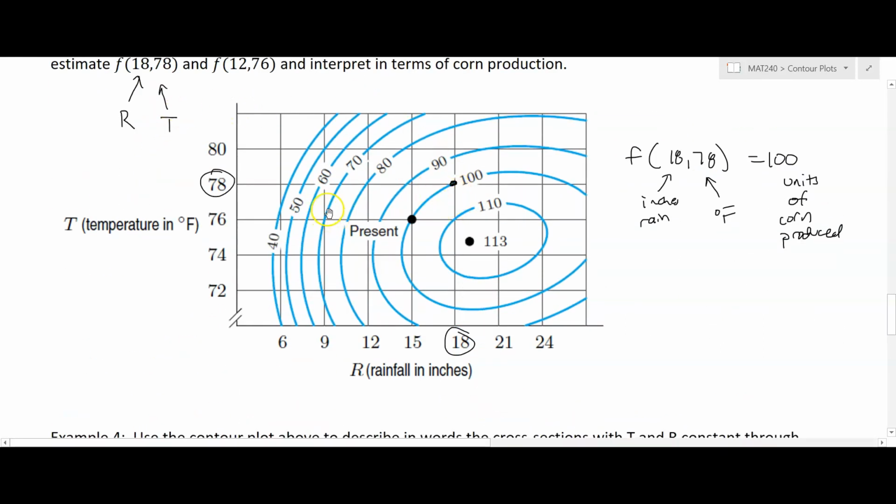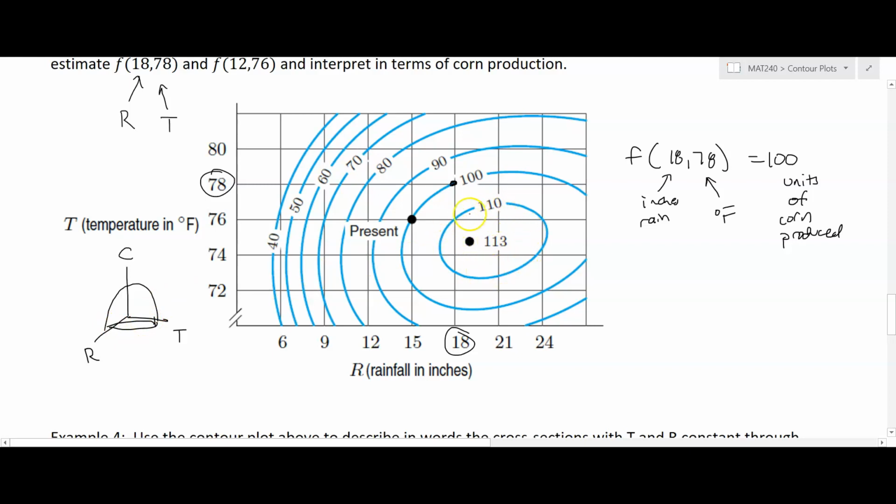So contour plots allow us to look at three-dimensional functions. There would be very little difference in me looking at rainfall, temperature, and the resulting corn production, and seeing that this is essentially going to be some sort of maybe more of an elliptical paraboloid, but it may look something like this, where we can see there's sort of the sweet spot.